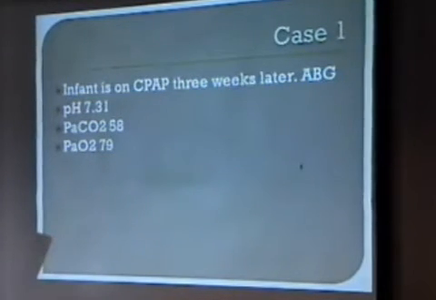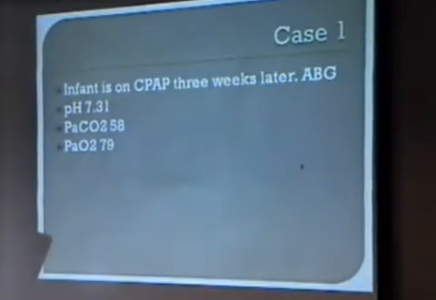So it should drop the pH from 7.4 to 7.24 because each 10 CO2 should drop the pH by 0.08. So 20 CO2, let's assume is 60, close enough, so 0.16, so the pH should be 7.24. But the pH is not 7.24. The pH is what? 7.31. So this means something brought it up. What can bring it up? Metabolic alkalosis. Okay, so there is metabolic compensation.